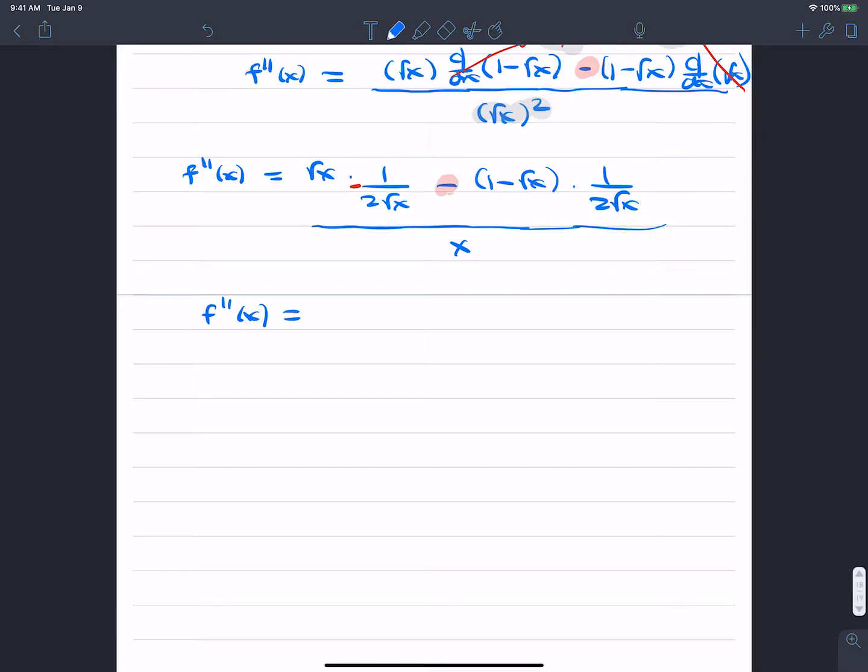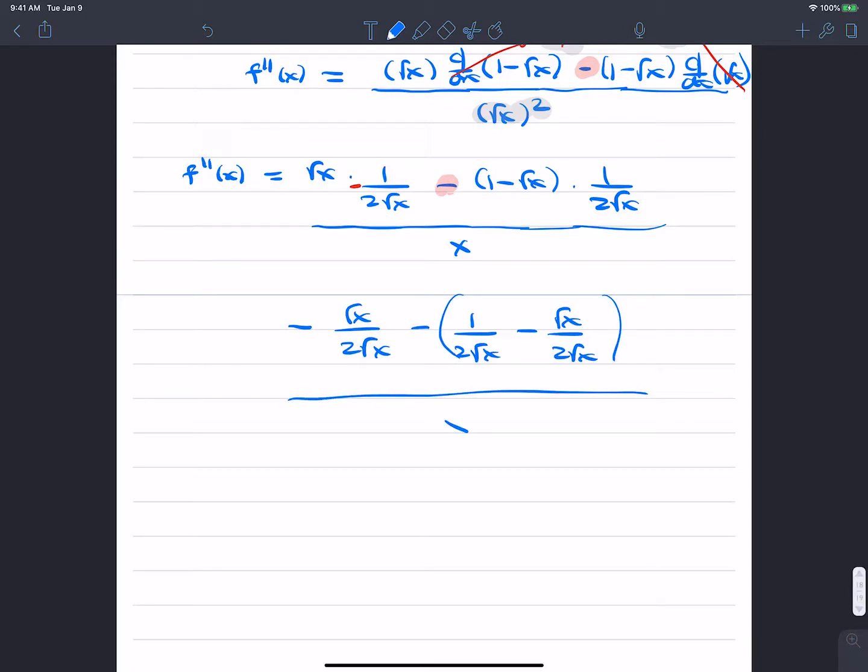I'm going to keep that there like this. Negative square root of x over 2 square root of x. Is that right? Minus. I'm going to distribute here my division here. So 1 over 2 square root of x minus the square root of x over 2 square root of x. Let me show you the details here. This is all over x.